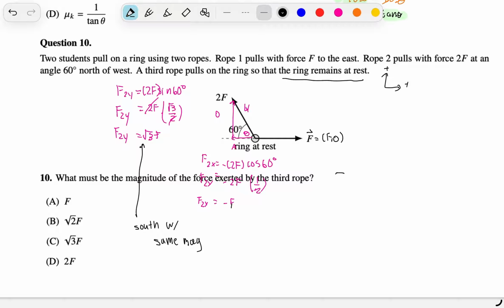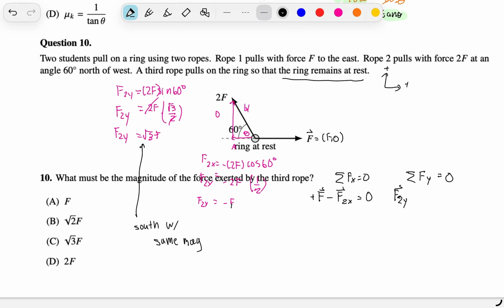So if we have summation of forces in x, we have F plus F2x, and that equals 0. Now in the vertical direction, you have Fy. That also has to equal 0 to remain at rest. So upward you have F2y.